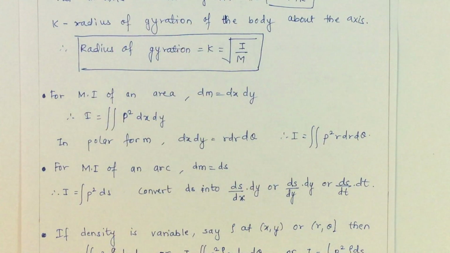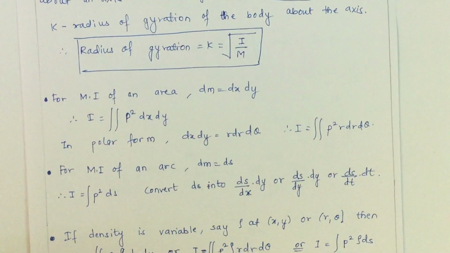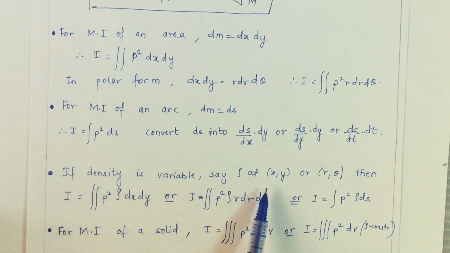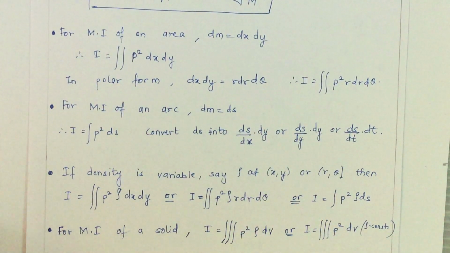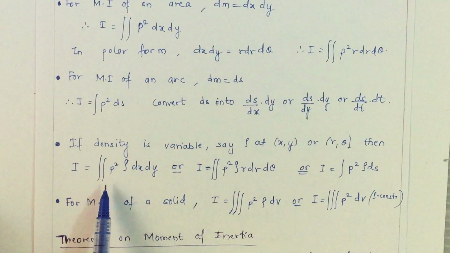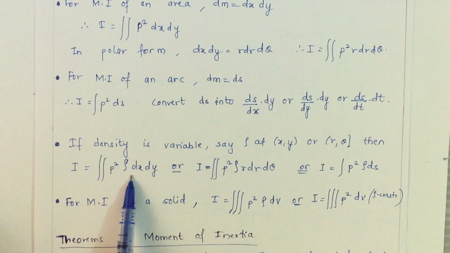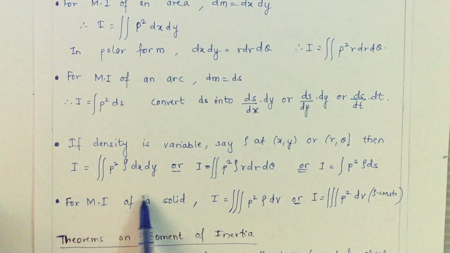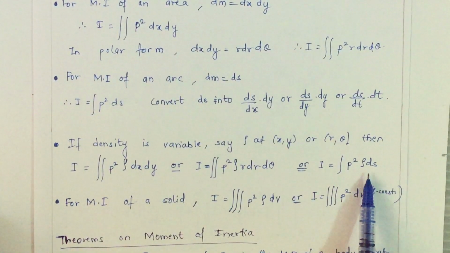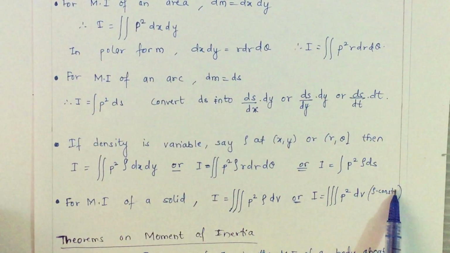Suppose the density is variable, say rho at x y or some r theta. Then the moment of inertia is given as a double integral p square into rho dx dy for an area, or a single integral p square into rho ds for an arc.